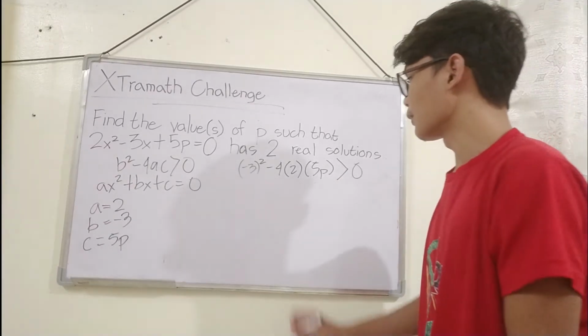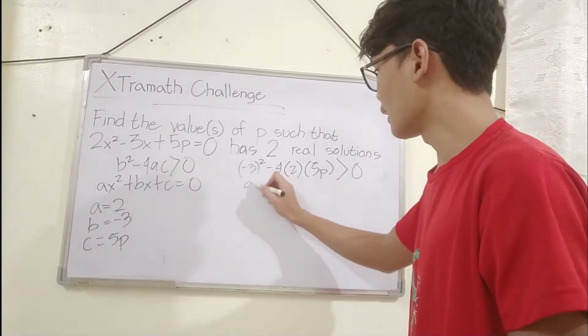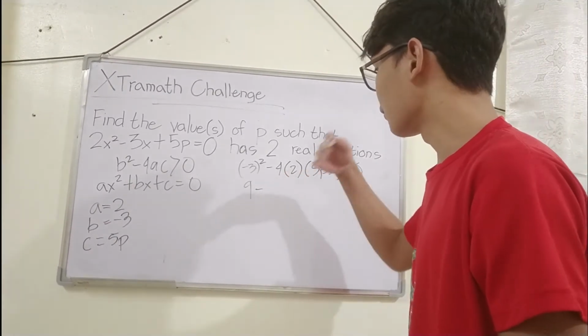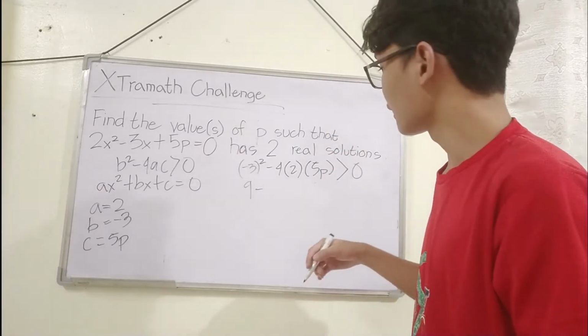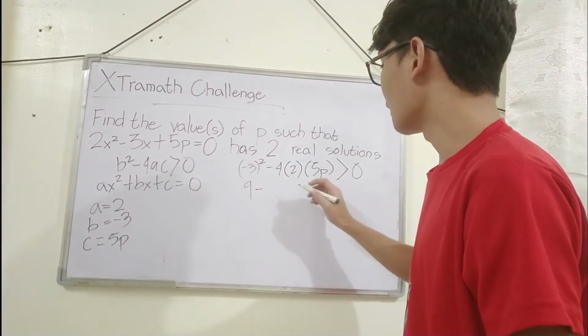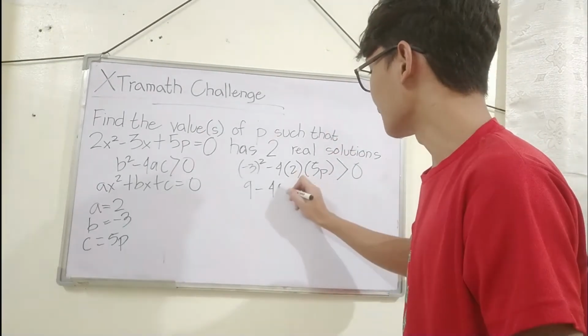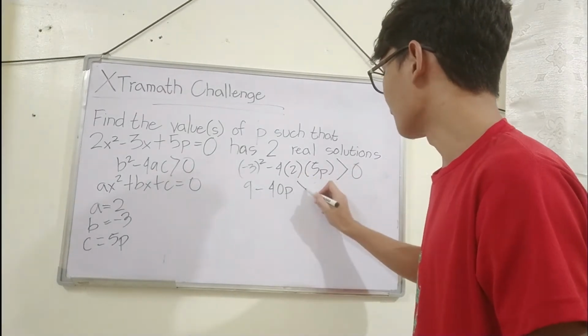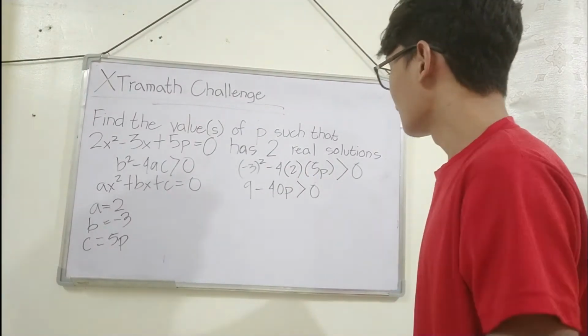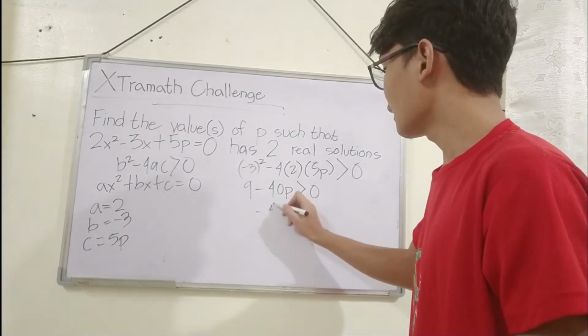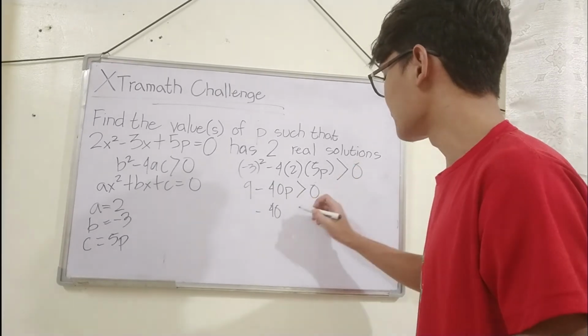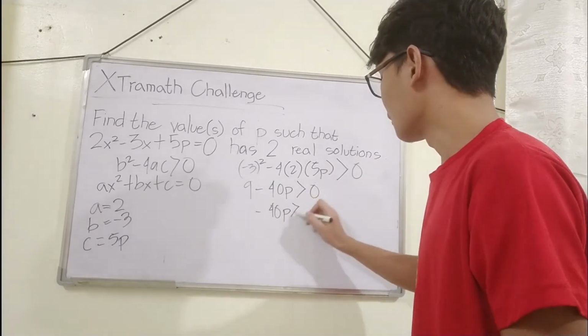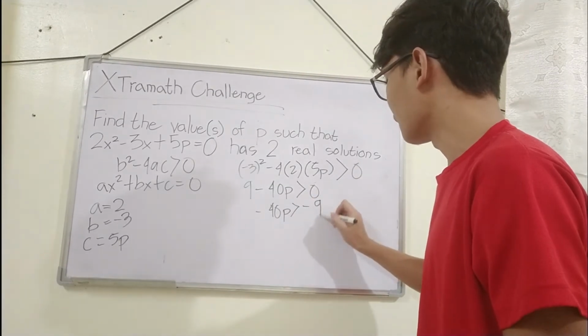Let us simplify this inequality. We have 9 minus 4 times 2, which is 8, times 5p, so we would have 9 - 40p greater than 0. So transpose 9 to the right-hand side, and we would have -9.